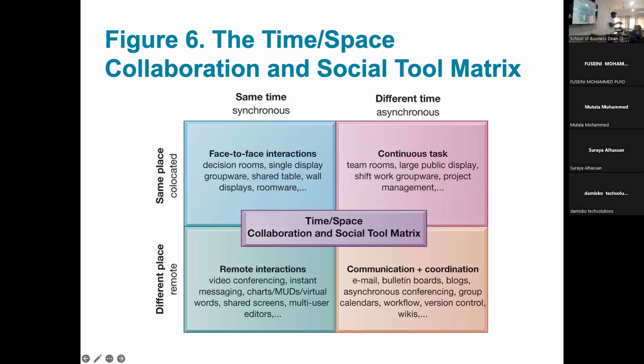Then we can also have asynchronous, different time, but same place. How can that happen? Team rooms, large public displays, shift work, group work, project management. Different time, same place.